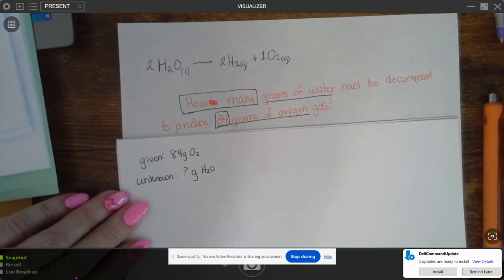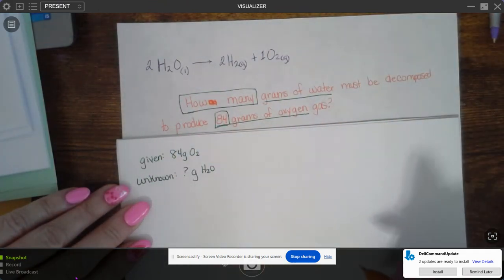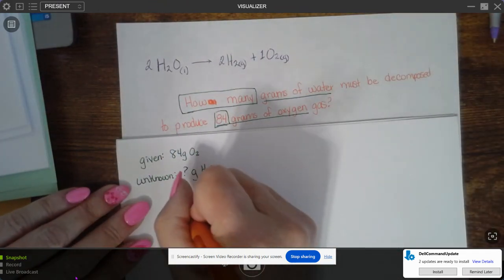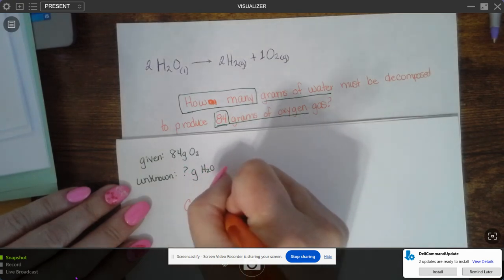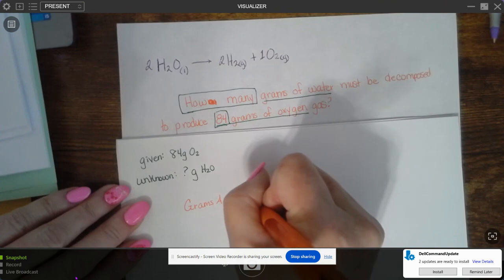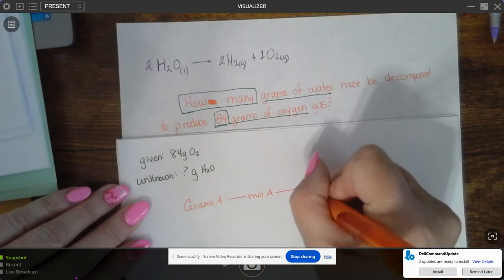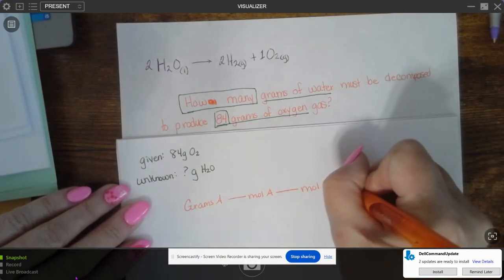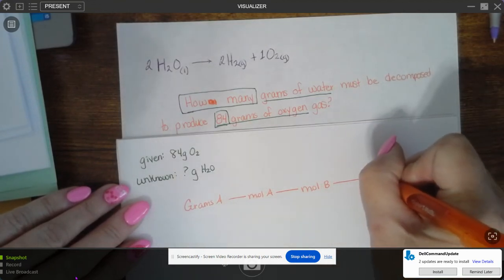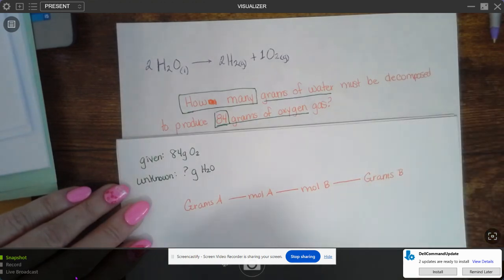Now, the other thing is that we're using our mole map. Remember, we have grams of A, which can convert to moles of A using the molar mass, can convert to moles of B using the mole ratio, can convert to grams of B, again using the molar mass.